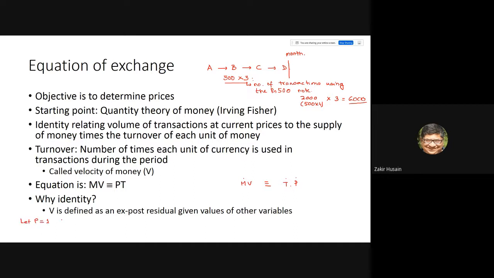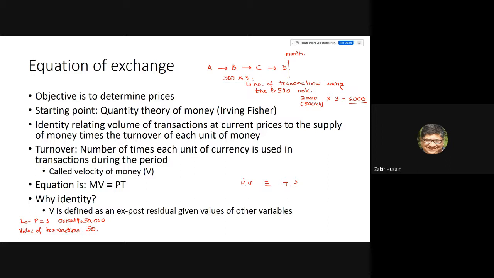And let us say that output is rupees 50,000. Clear? So what is the value of transactions in equilibrium? 50,000 worth of commodity is bought and sold in the market.